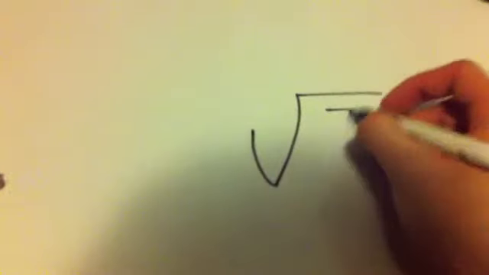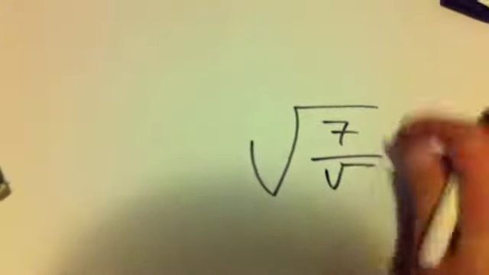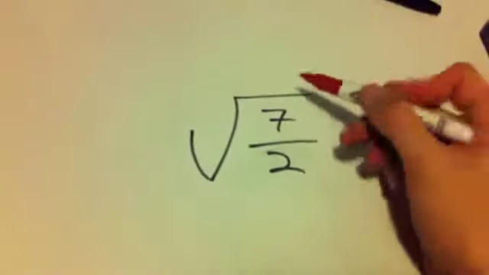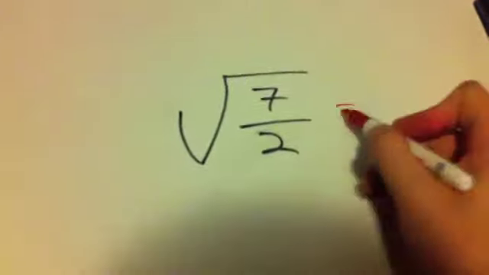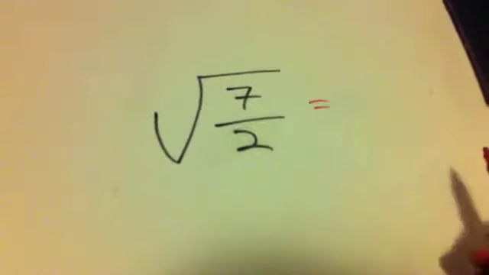And finally, the most important part of this first example is, suppose we have the square root of 7 over 2. Looking at this, 7, like we learned from the previous example, is not a pretty number, and 2 is not a pretty number.